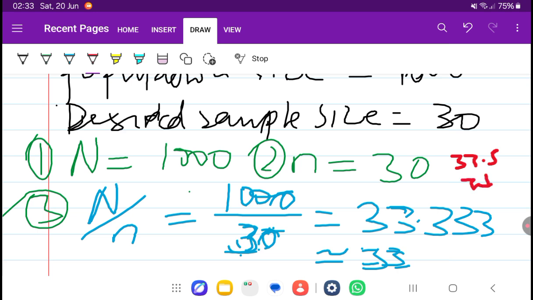But if you multiply 34 times 30, it will exceed this population. So that's why we round downwards: instead of taking this one to be 34, we take it to be 33. So that when you multiply 33 times 30, you'll get 990 something.